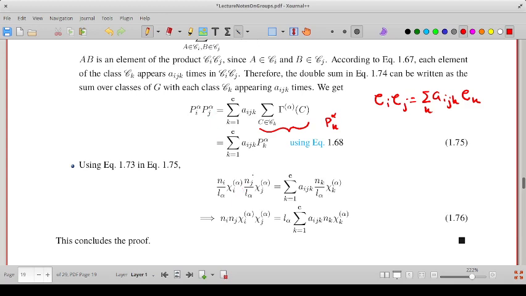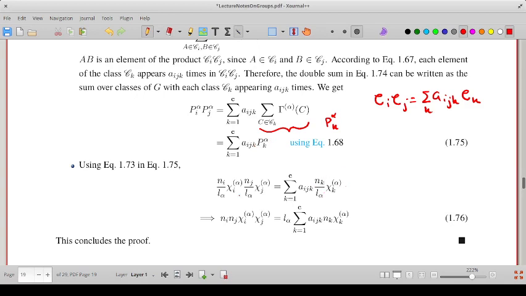Then for P_j^alpha, I will have n_j by l_alpha chi_j^alpha, then the identity matrix. Identity matrix times identity matrix is an identity matrix. And on the right hand side, I have the sum over k running from 1 to c of a_ijk, and for P_k^alpha, I will have n_k by l_alpha chi_k^alpha and the identity matrix here.